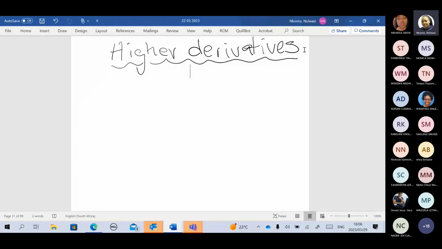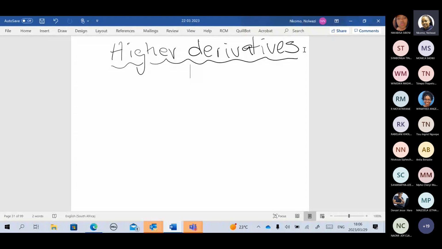The higher derivatives, in other words, refer to taking the derivative of a derivative, right? Because to get the second derivative, we have to differentiate the first derivative. To get the third derivative, you differentiate the second derivative, and so on.